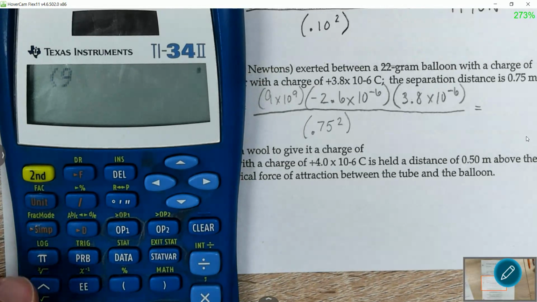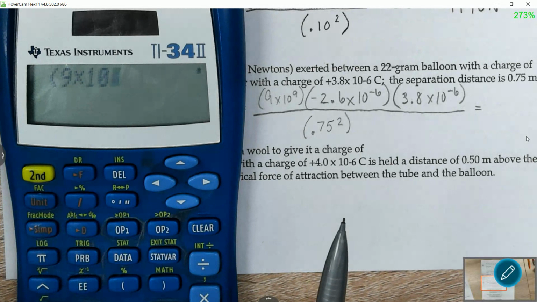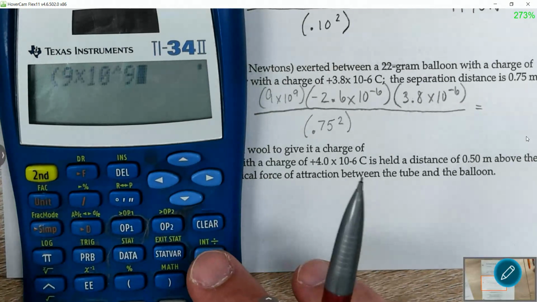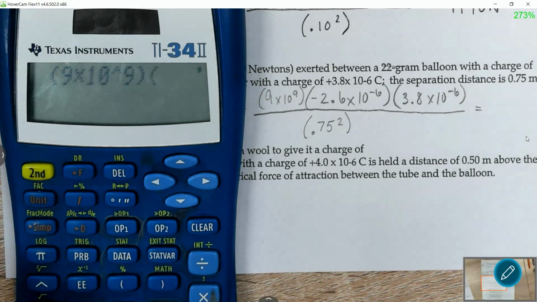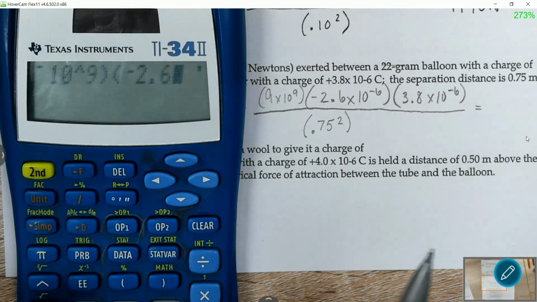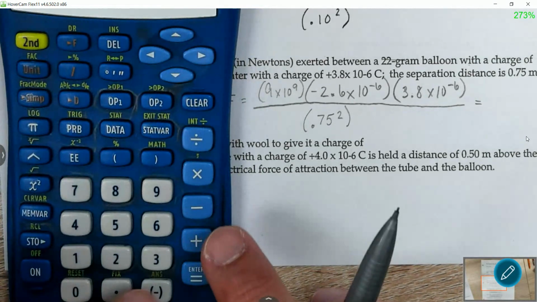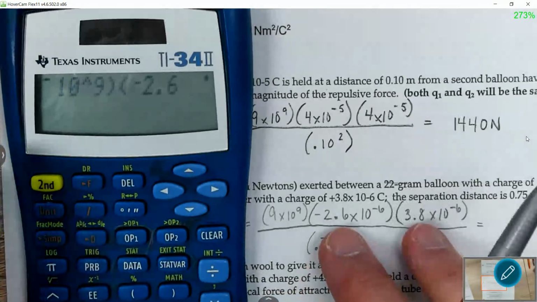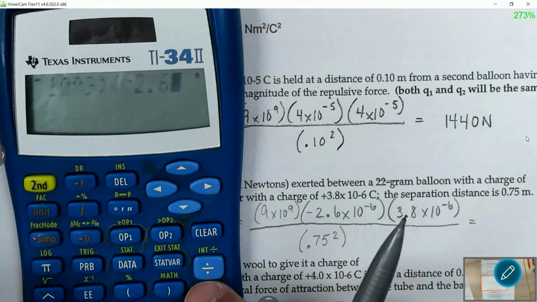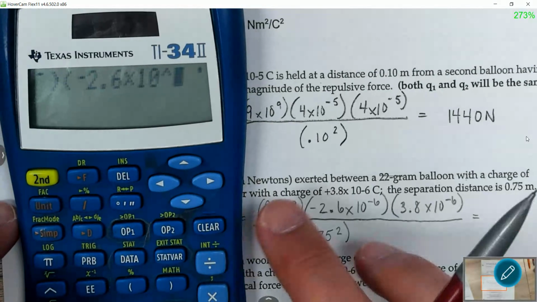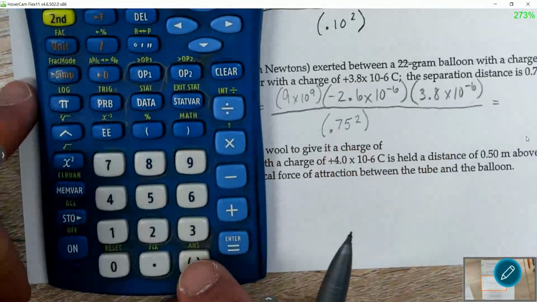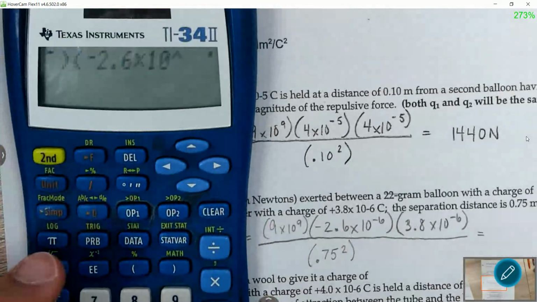If you're going to use the times 10 caret symbol like that, that's fine. Just make sure you have everything in parentheses. Negative 2.6, not minus 2.6, but the negative on the bottom. Times 10 caret, and now it's negative 6, so we have to use negative 6.